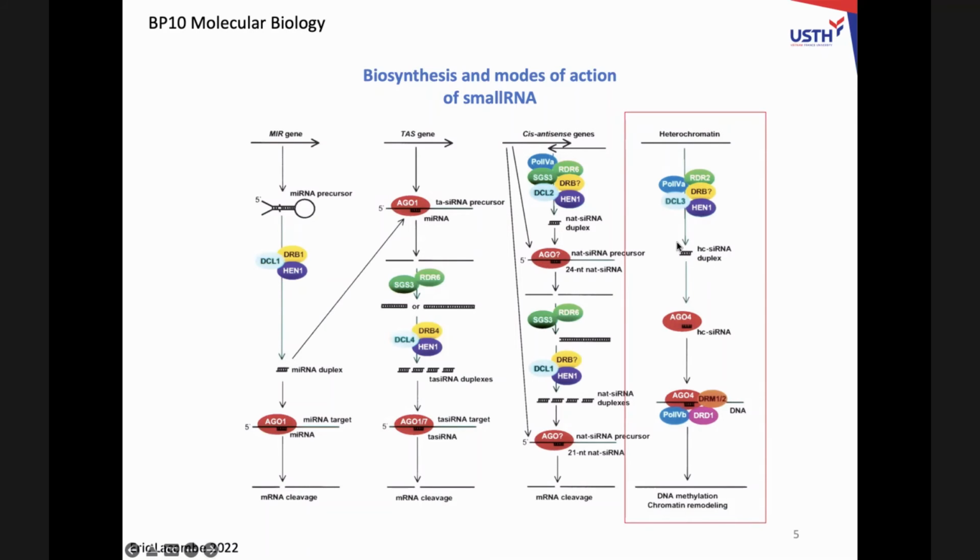So where are these small RNA coming from? I told you when we talked about the structure of chromatin that under the condensed chromatin there are very often, most of the time, repeated sequences, and there are a lot of transposons and retrotransposons. For the cell, it was very important to block the possibility of transposons to jump from one place to another.